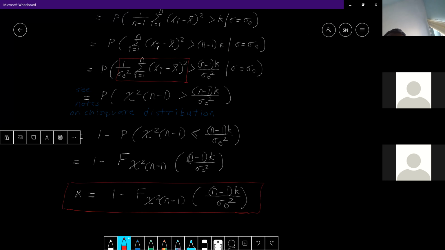How do we know that the variance follows the chi-square distribution? Is it stated somewhere, or is it just by some kind of calculation? It is stated in my handwritten notes and also in the printed notes. If you look at my notes under the chi-square distribution, you will see that.